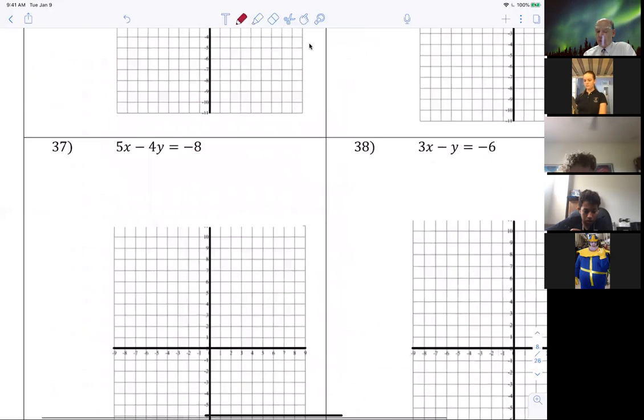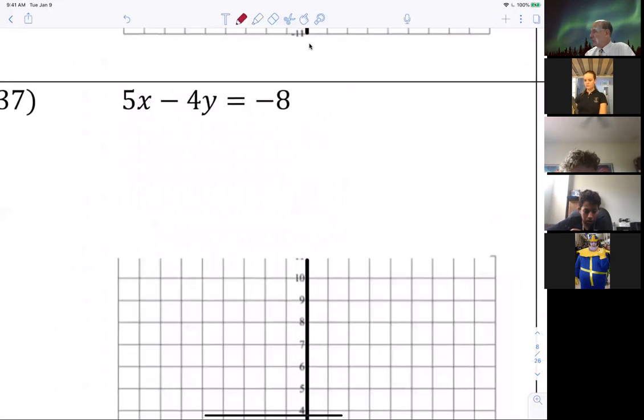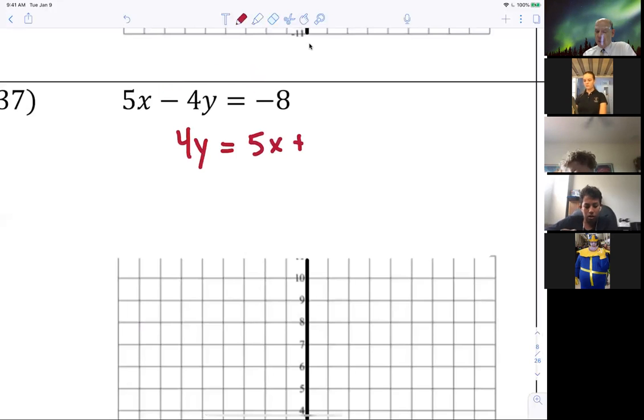All right, Bo, you're up. Now, what do I have to do first on this? Right. So what do I got? You're awesome, buddy. Actually, very good. 4y equals 5x plus 8. So now what?